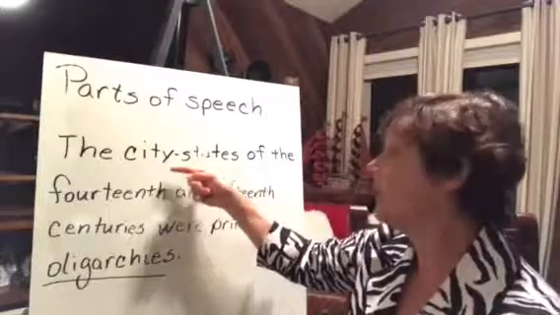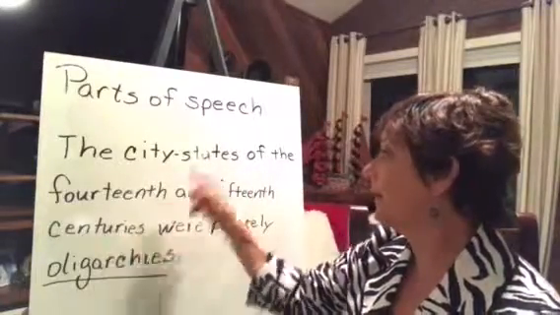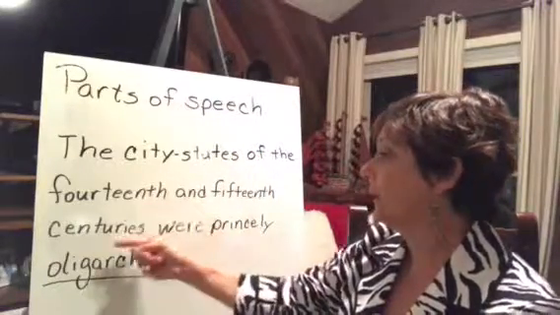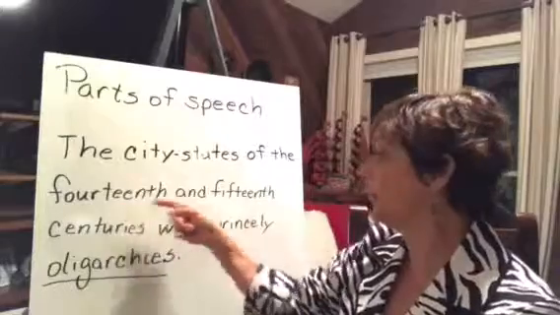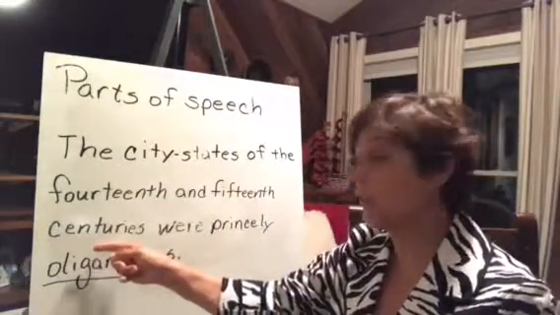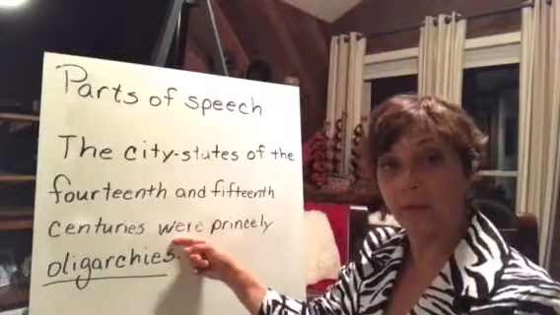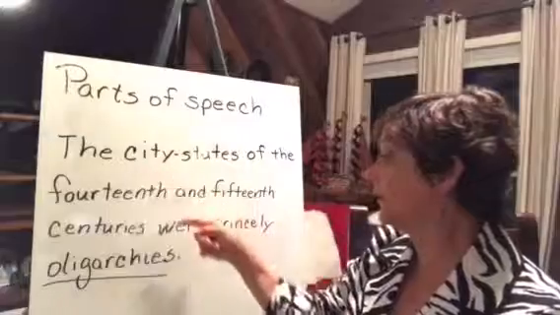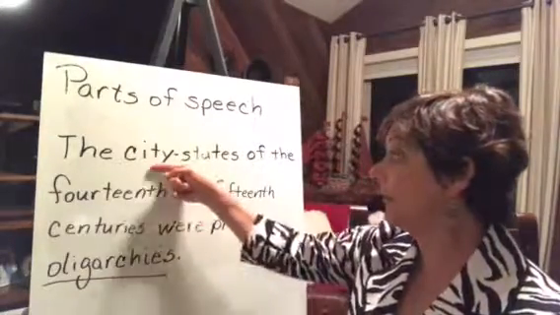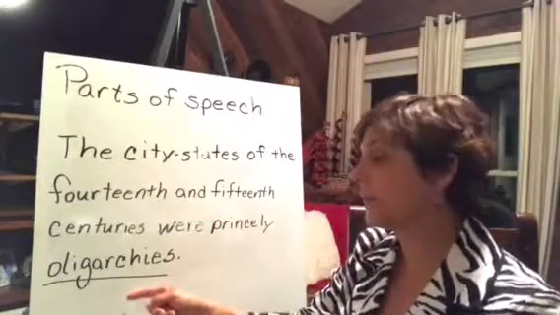They're places. Of the 14th and 15th century is a prepositional phrase. Century is the noun, and the 14th and the 15th are the descriptive words which tell me which century I'm talking about. Were, that's a linking verb. So I can take out my prepositional phrase: the city-states were oligarchies.